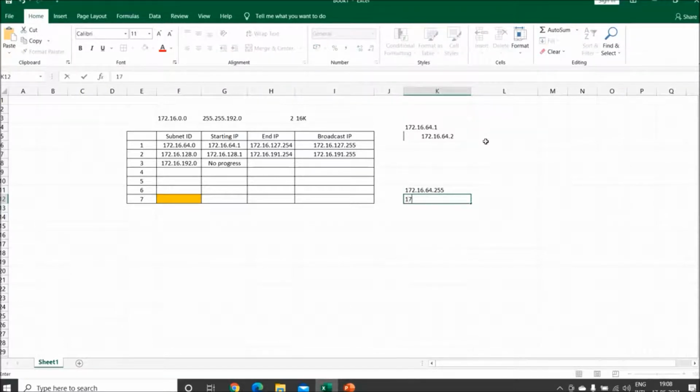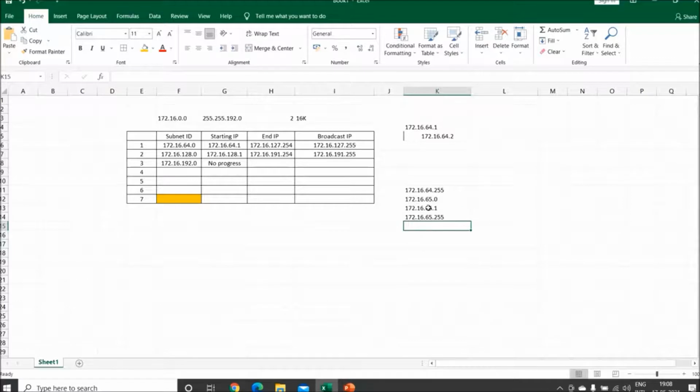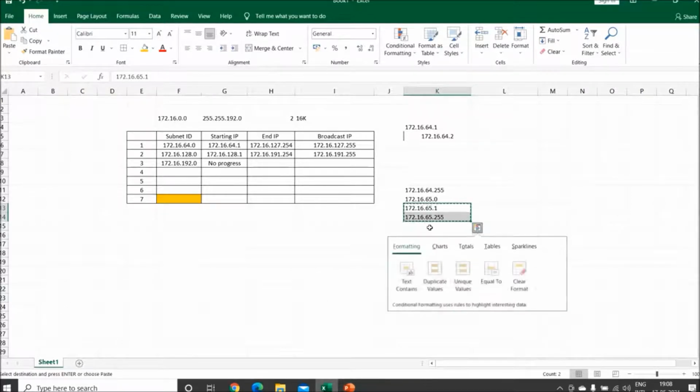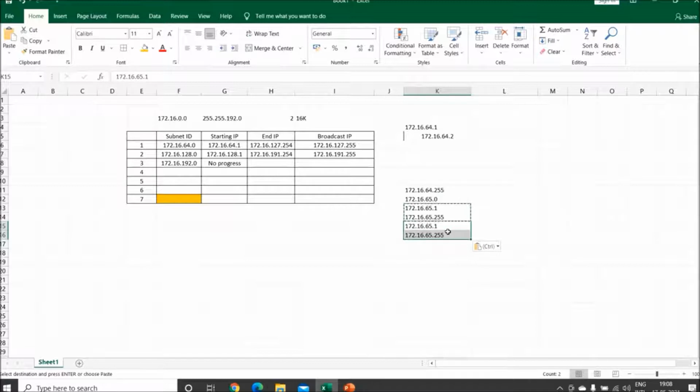Then I'll immediately switch to 172.16.65.0. This is the network ID, I cannot use it. Then 172.16.65.1, and again this will go up to 172.16.65.255. After 65, it will go to 66.